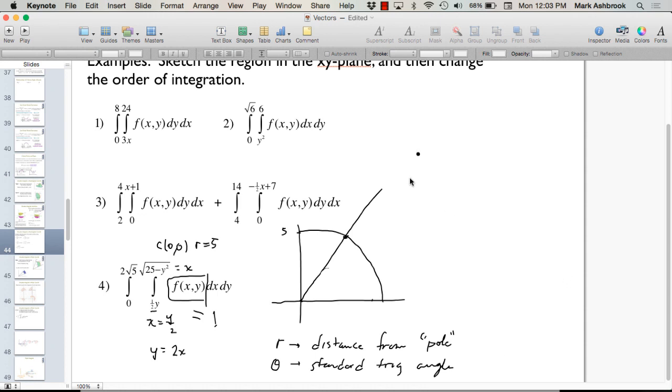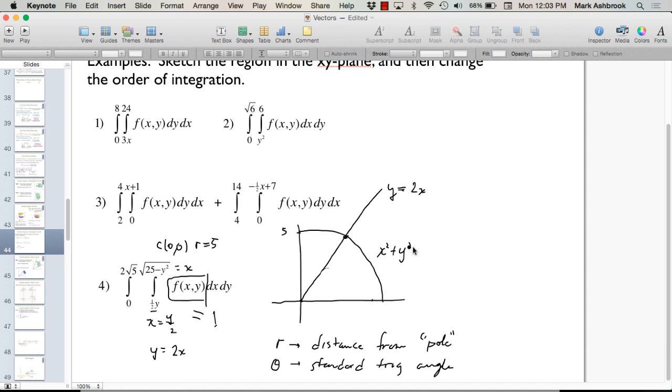Okay, so this was y equals 2x. All right, so let's do this first. This is x squared plus y squared equals 25, that's easier.